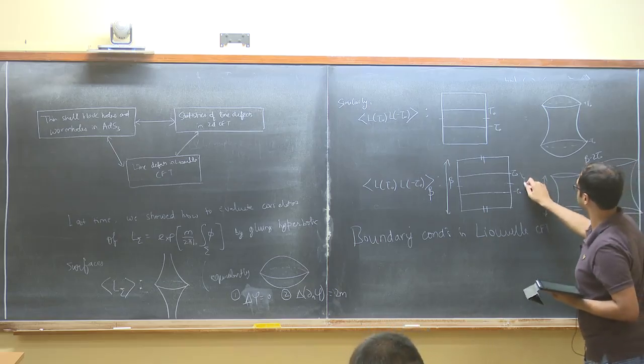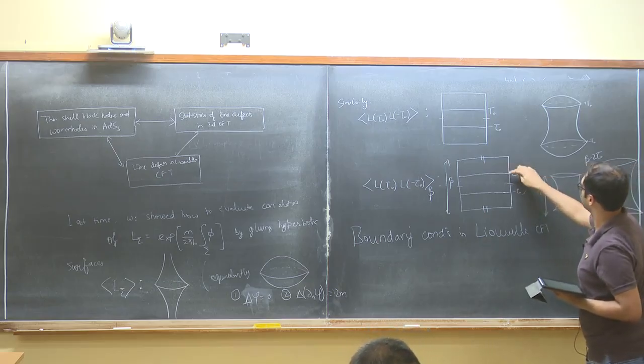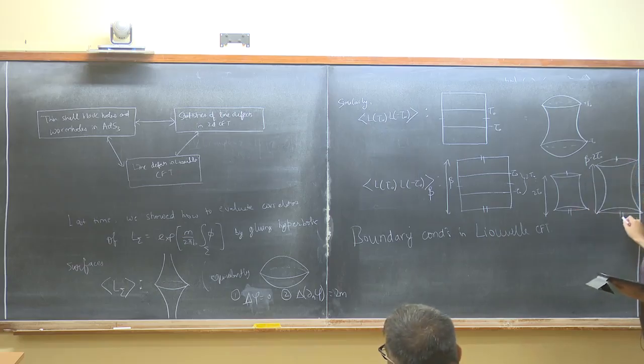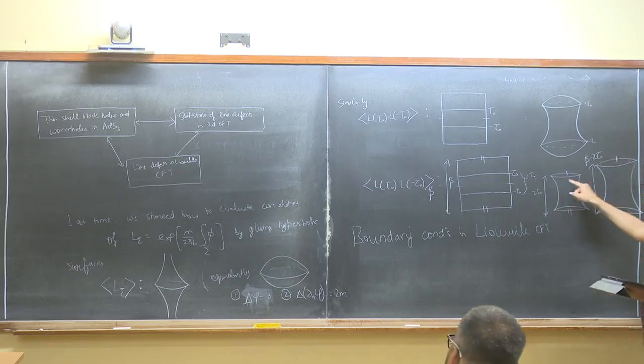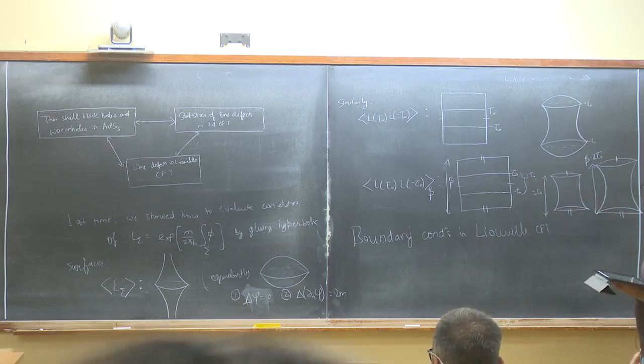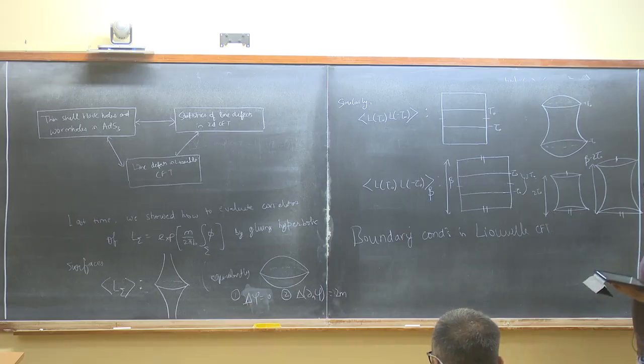Then I glue it across these two defects. The two circles are the two defects, and I glue these two cylinders across these defects, and I can compute the Liouville action on the resulting hyperbolic geometry. That's how we can evaluate the thermal two-point function of the line defect.